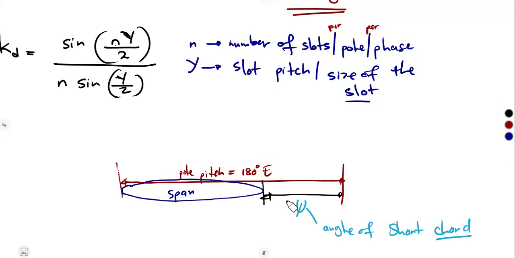So this is it. This part which is remaining, they will give us a statement like the coils are short-chorded by 2 slots. You want to get this part. Let's say they gave us a condition like that.